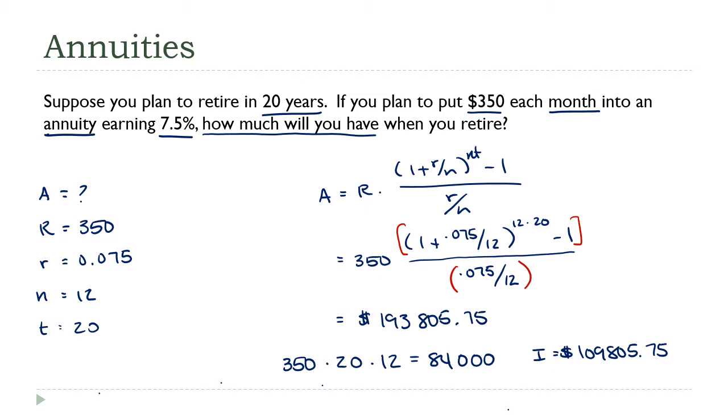Not bad, right? At this point, I think we're really starting to see the real power of compound interest. If time is on your side, this compound interest process can really do some nice things to an investment.